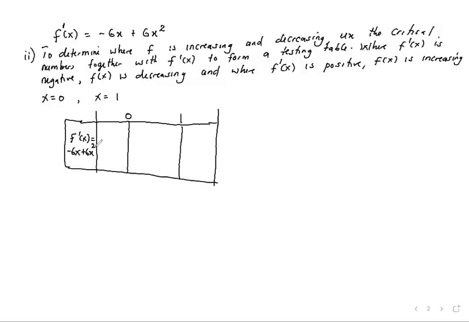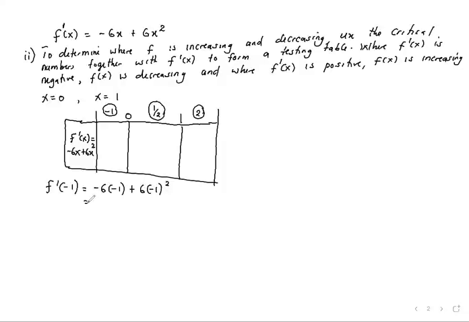Before 0, we can pick -1. Between 0 and 1, we can pick half. After 1, we can pick 2. And then substitute in the derivative. So what is f prime of -1? We get -6 times -1 plus 6 times -1 squared.